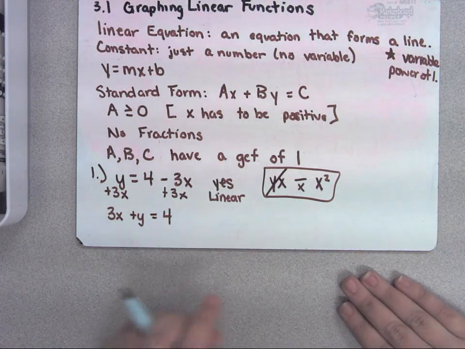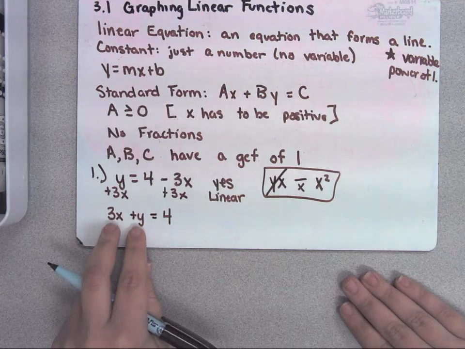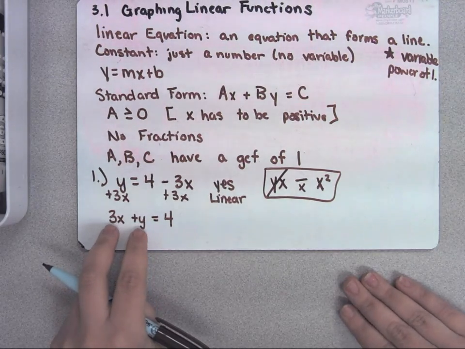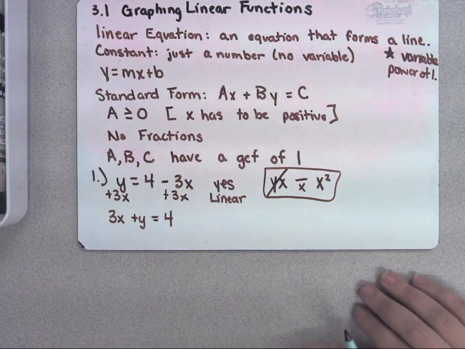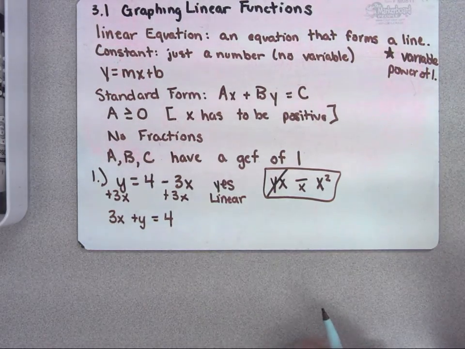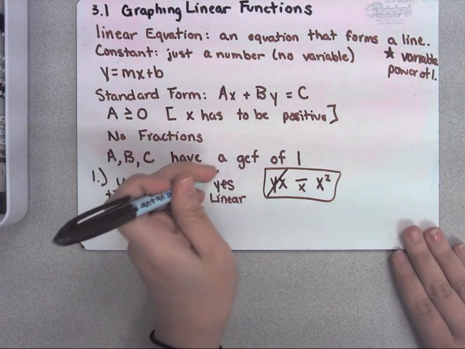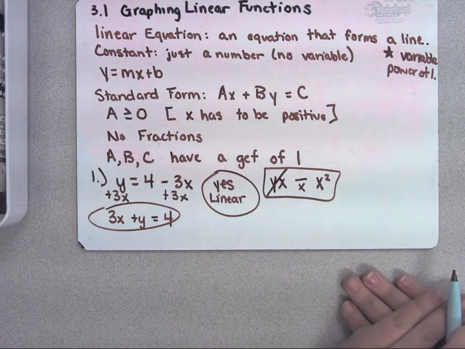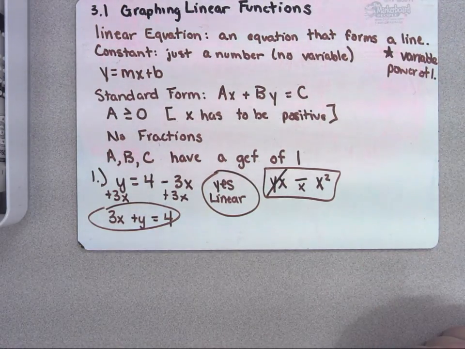You can't divide anything. You only have to check 2 numbers. Check x and y, 3 and 1. Do they have anything in common other than 1? Nope. As long as you can check 2 of them and they say no, you can move on. So this is your answer, and then this would be your other answer. I hate circling answers, but that would be it.